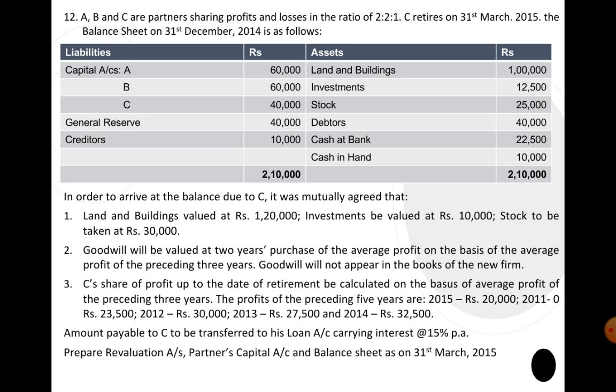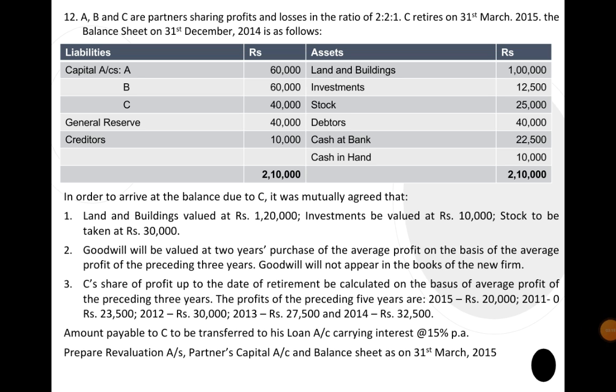And then the profits of the preceding 5 years are, okay, there was a mistake there. The profits of the preceding 5 years are 2015, rupees 20,000. 2011, it is rupees 23,500.